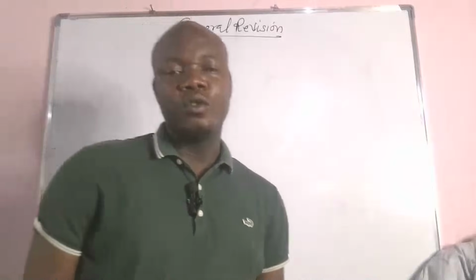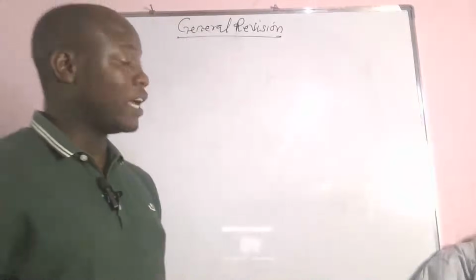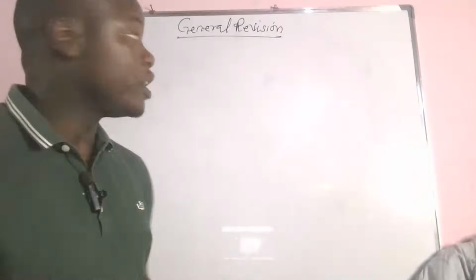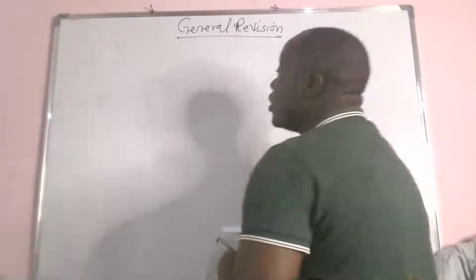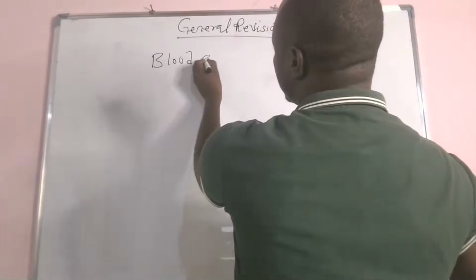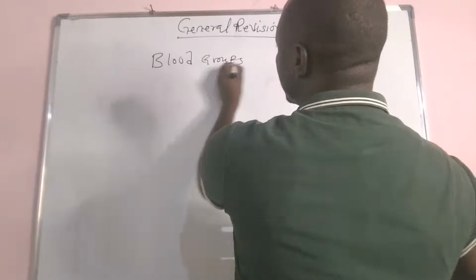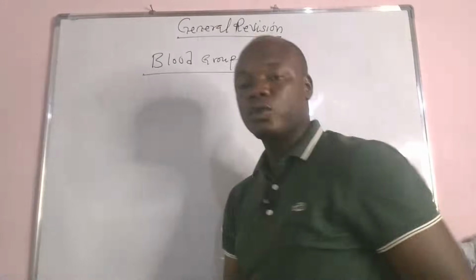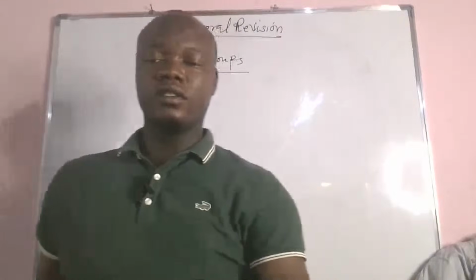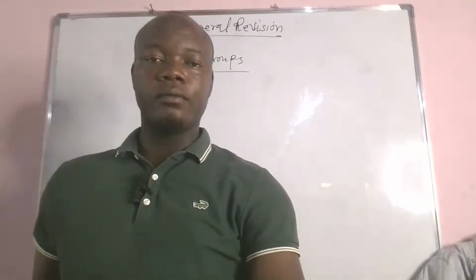Okay, so if you don't know where you have problem, let me start by asking, how many blood groups do we have? Blood groups. That is my first question. Mention them.